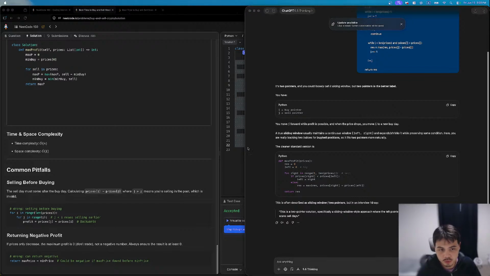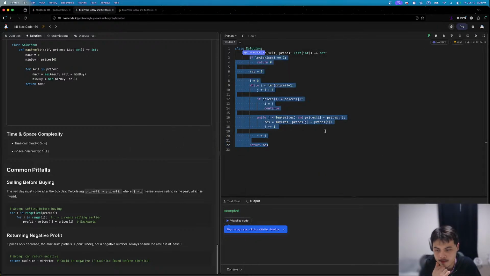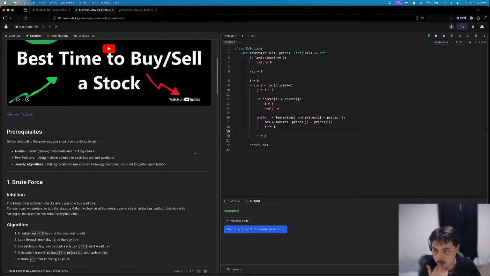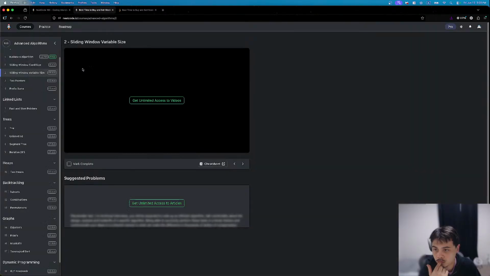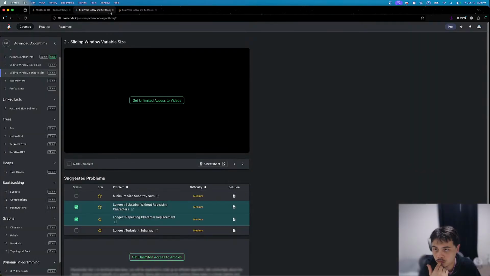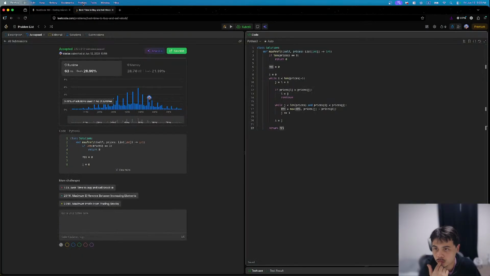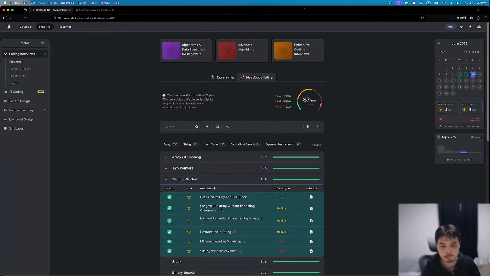Okay, so it's more two pointers. It feels like a sliding window though.